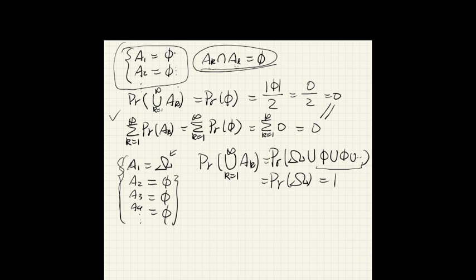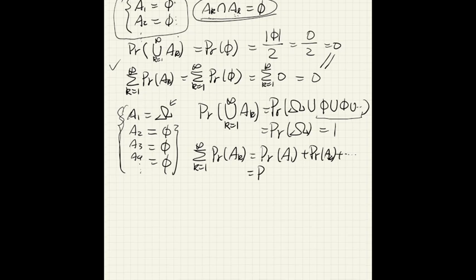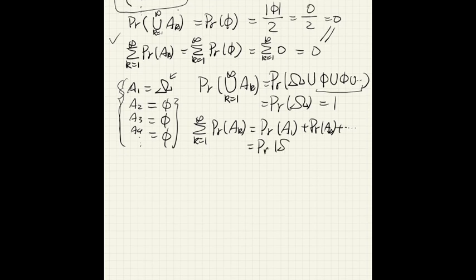On the other hand, the sum of probabilities of these events, A1 is omega, A2 and so on are all empty, and the probability of omega is 1 and everything else is 0.